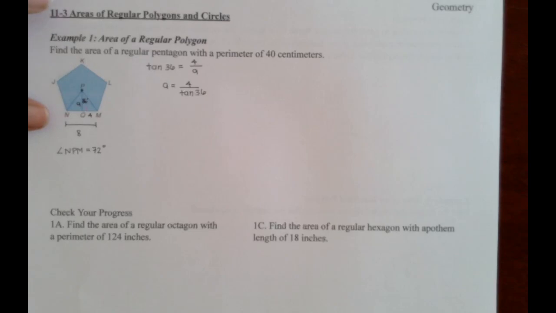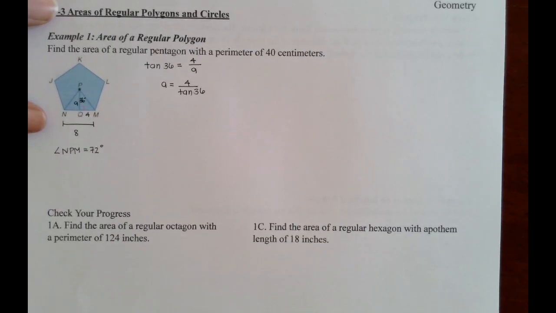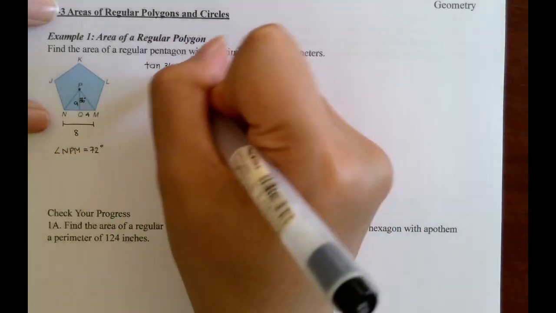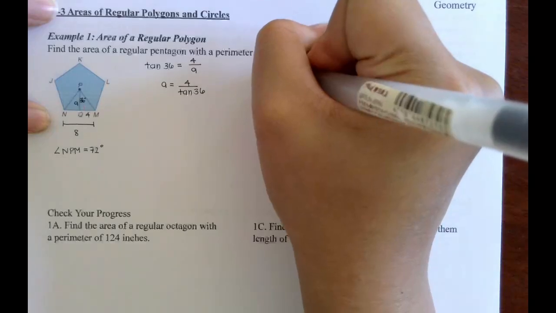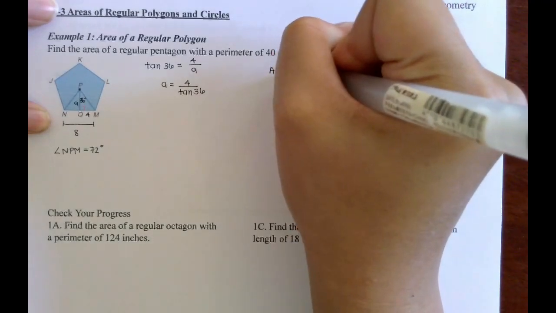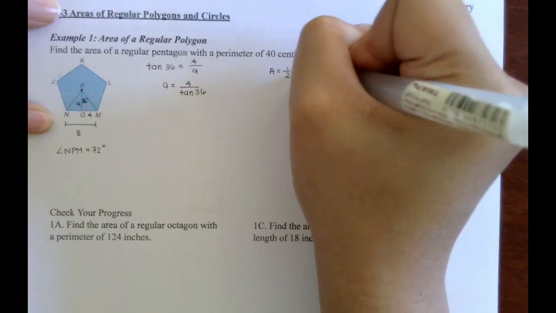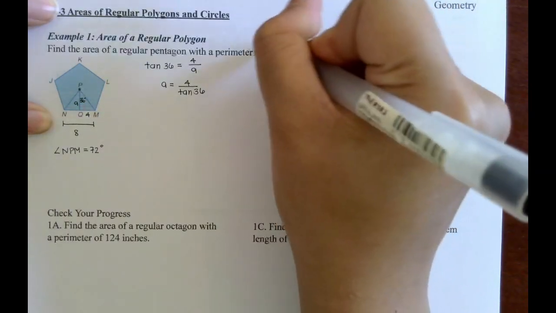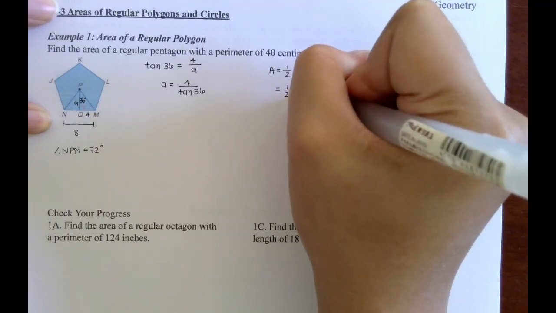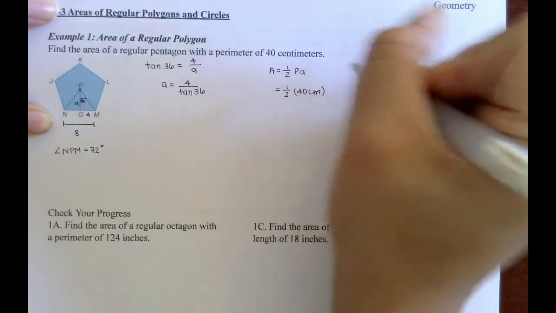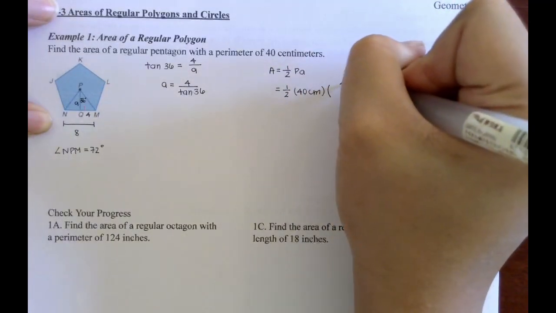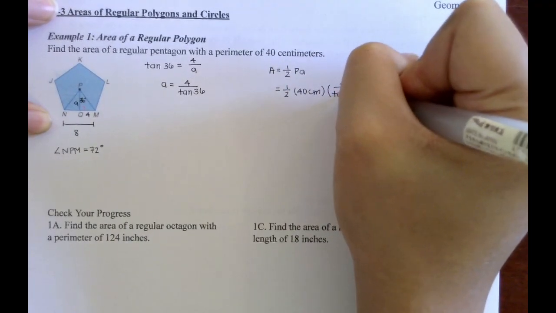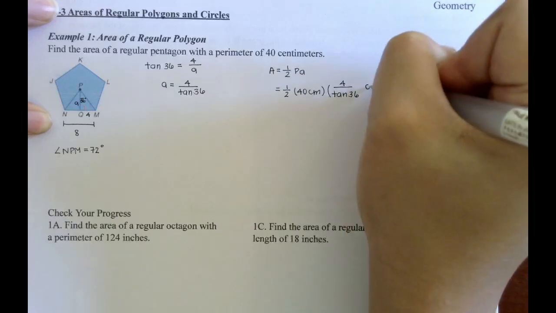In order to keep my answer as exact as possible, I'm just going to plug in this for the apothem. So area for a regular polygon is 1/2 perimeter times apothem. So that's 1/2 times the perimeter, 40 centimeters, times the apothem, 4 divided by tangent 36 centimeters.